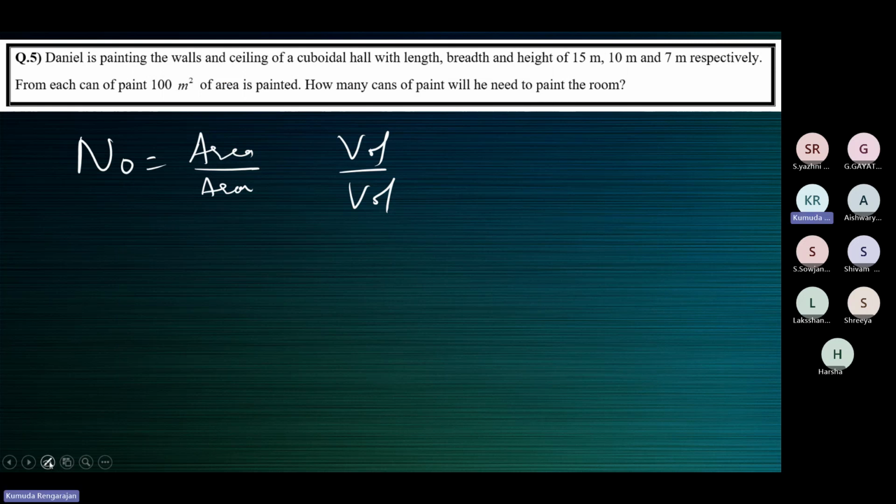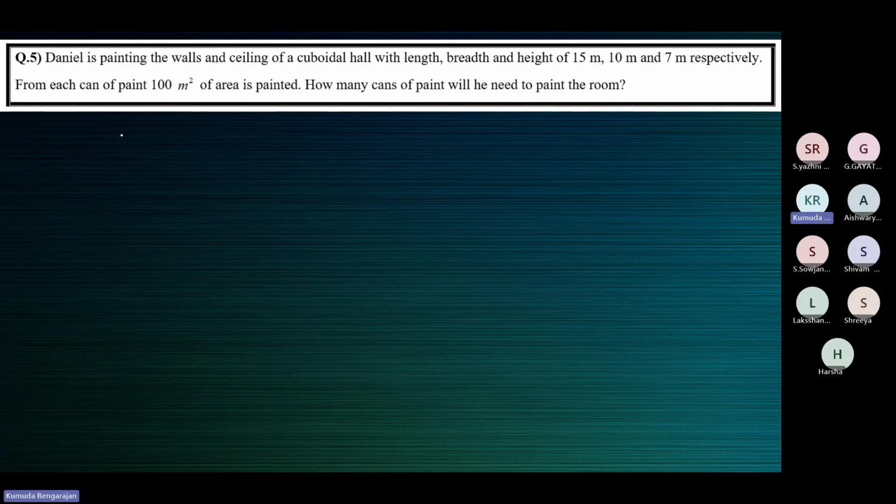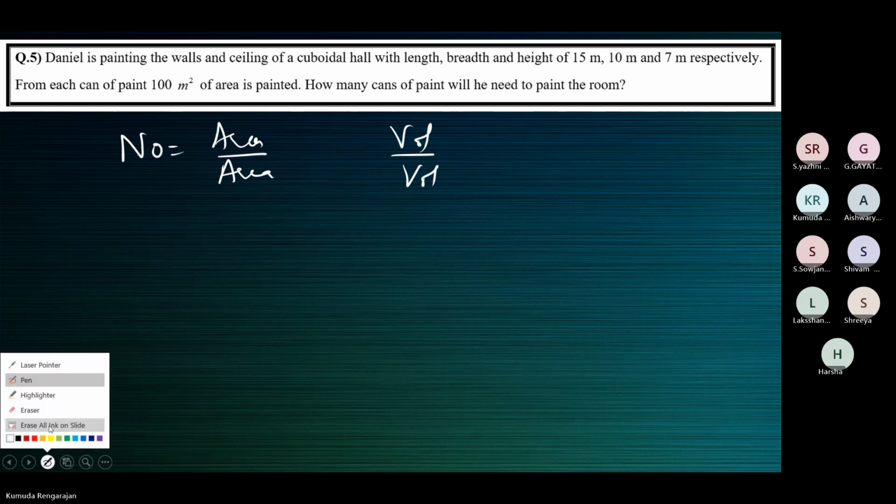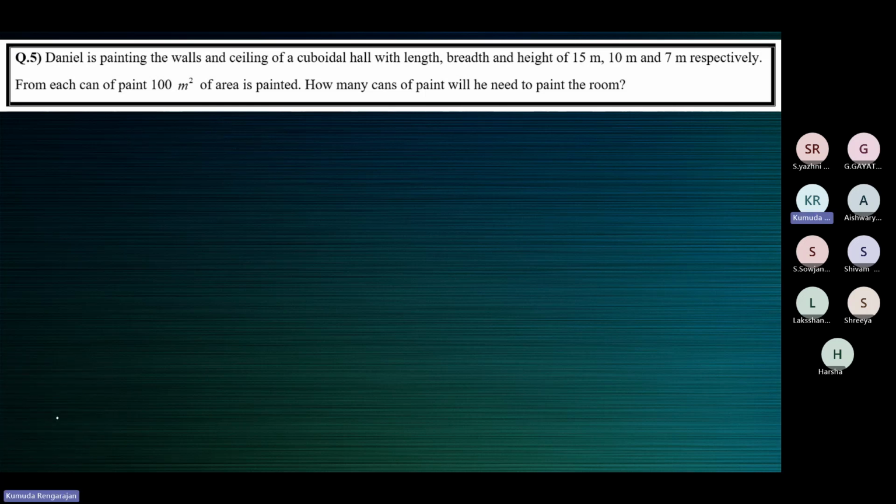So here, from one can of paint, 100 meters square of area can be painted. So what is the area? Actually, we have to paint 2h into L plus B plus L into B.